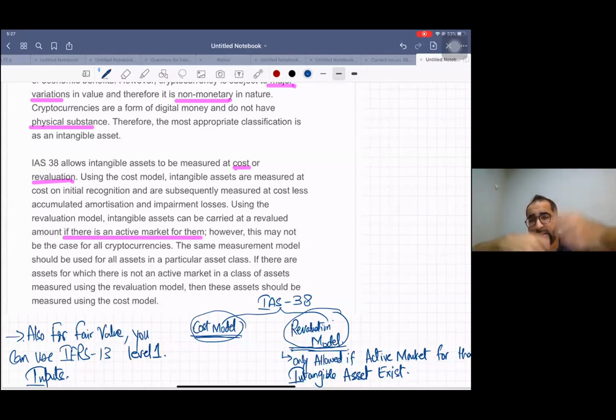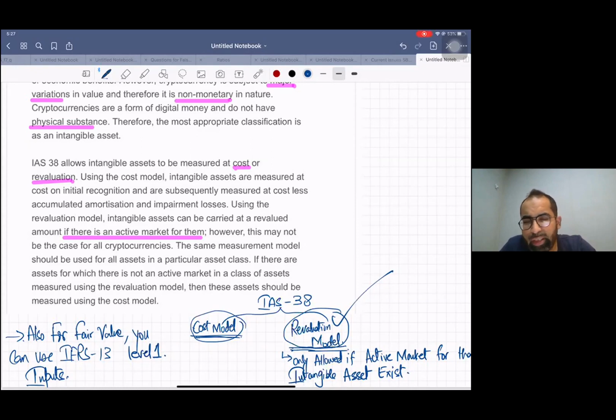That means on a daily basis there is trading, that intangible asset is sold daily. So for cryptocurrencies, the revaluation model can be applied. Why? Go and check the data. You will see daily transactions of cryptocurrency.